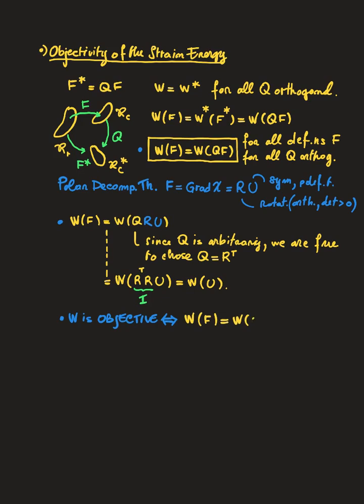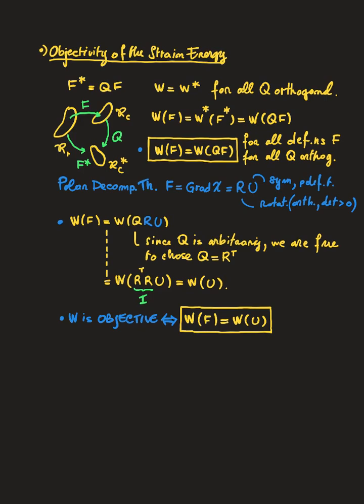but just U. In other words, the objectivity requirement that we have obtained above by requiring that the strain energy function is unaffected by superposed rigid deformations essentially means that the strain energy should not depend on the whole gradient of deformation F, but only on its symmetric positive definite counterpart.